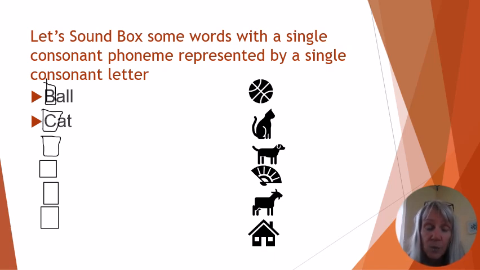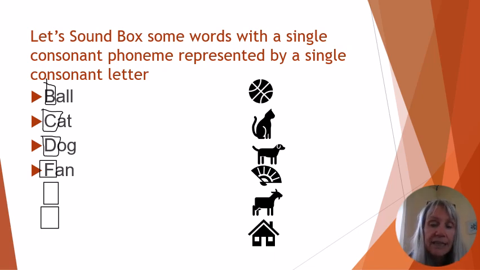In cat, what we're seeing is the K sound, and that box goes around the C, the only grapheme representing the K sound. In dog, the sound is D. We're hearing it at the beginning of our word root or our word part or our single syllable word. And so we put the sound box around the D grapheme or letter that represents the D sound. That next picture is a fan.